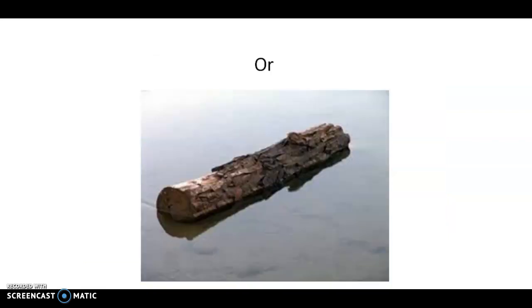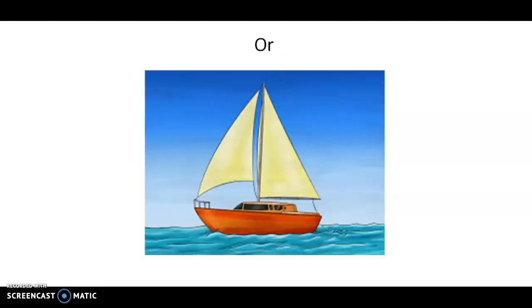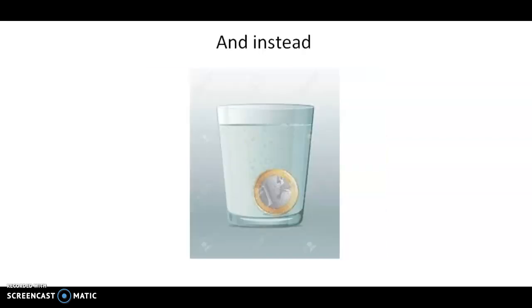Or wood. For example, a log of wood floats in the river. Or a sailboat out on the water. It doesn't sink. But a coin sinks. Un euro sì che affonda.